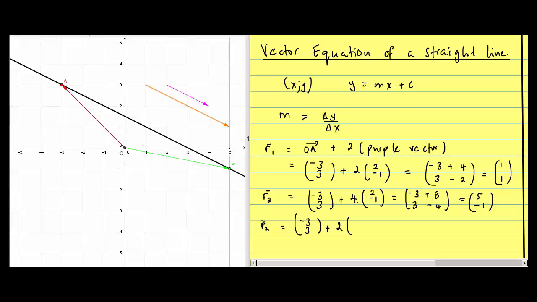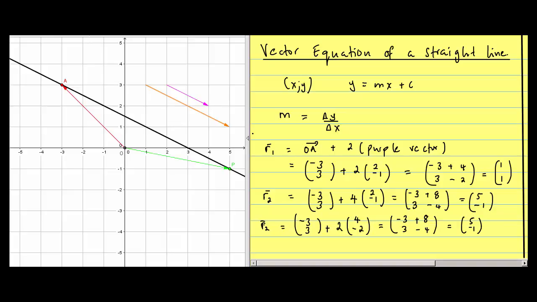So 4 along the x-axis, and how many along the y-axis? It's going to be 1, 2. So it'll be -2. Simplifying this will give us -3 plus 8, and it will be 3 minus 4. And you can see again that it gives us 5, -1 as before.